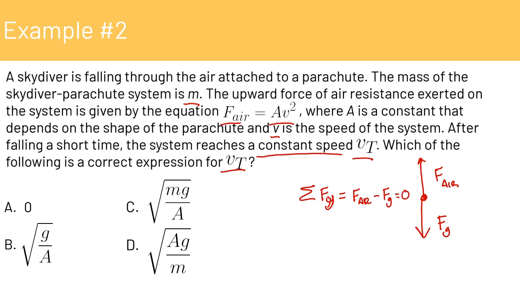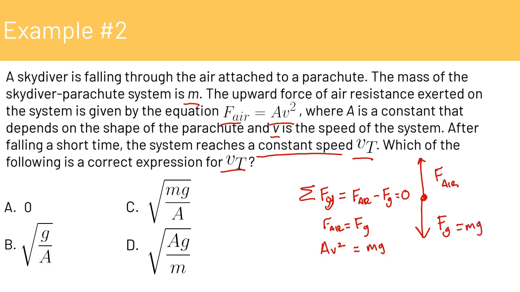So we can say that the air resistance is equal to our force of gravity. So our air resistance then is equal to AV squared, and that's equal to m times g. The gravitational force is always m times g.